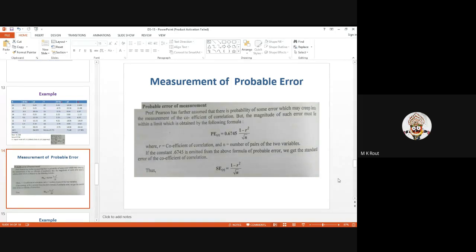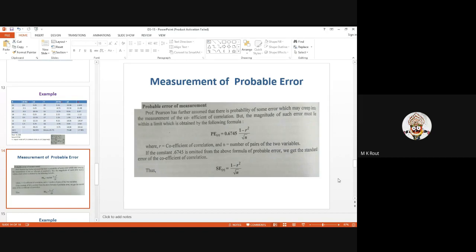Professor Karl Pearson has further assumed that there is a probability of some error which may creep into the measurement of the coefficient of correlation. It can be calculated by the following formula: probable error equals 0.6745 times (1 minus r square) divided by square root of n.